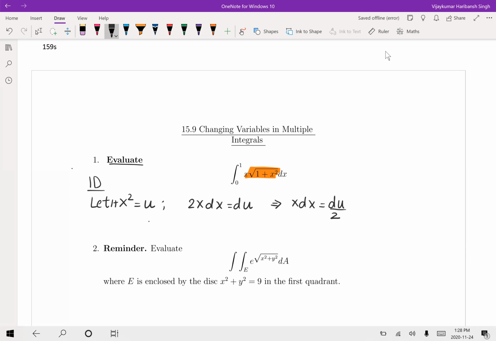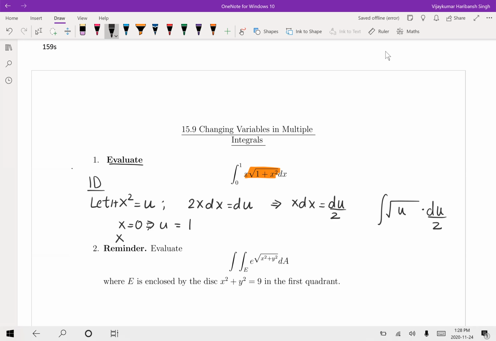The integral becomes, with 1 plus x squared as u, du by 2, and the limits of integration are now: when x is 0, u is 1 plus x squared, which is 1.